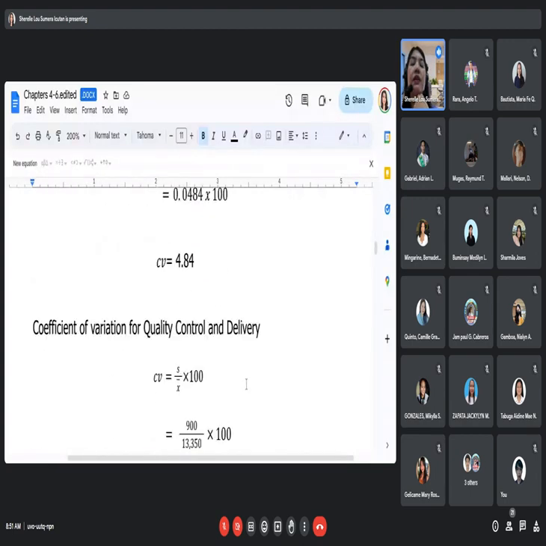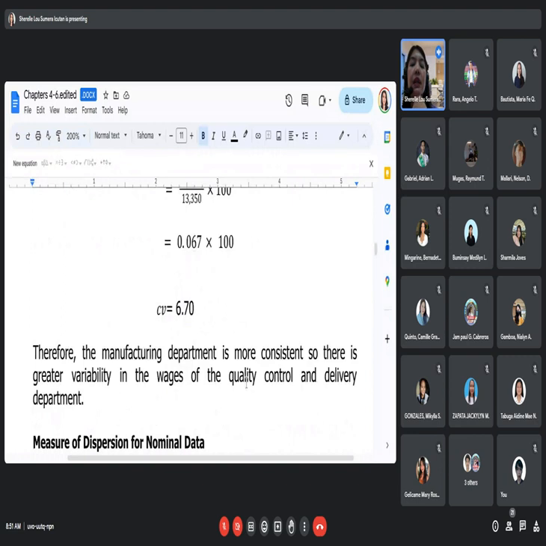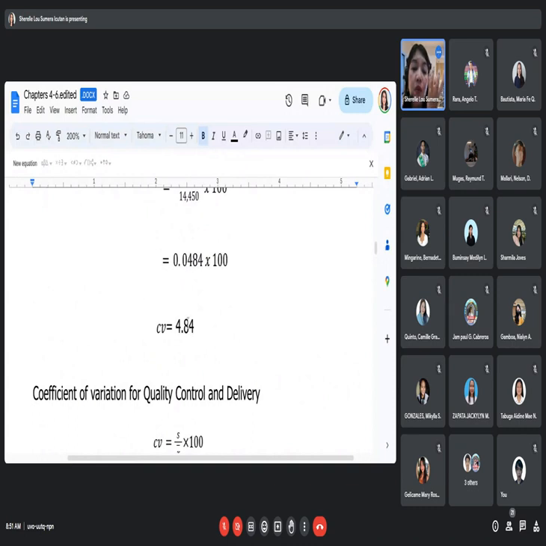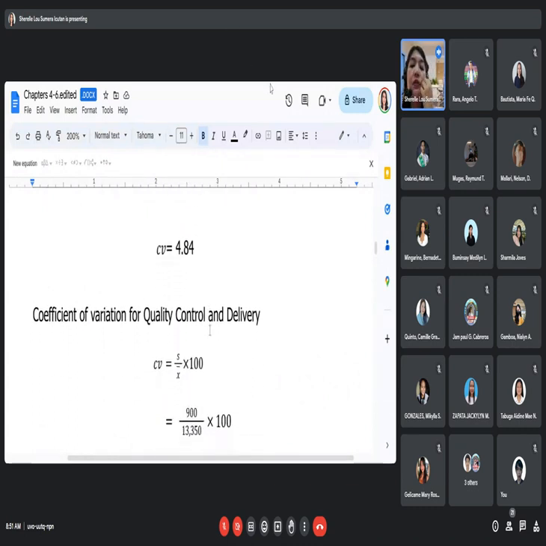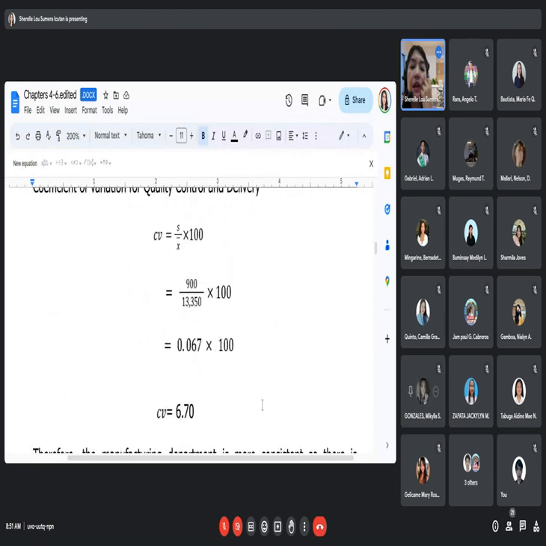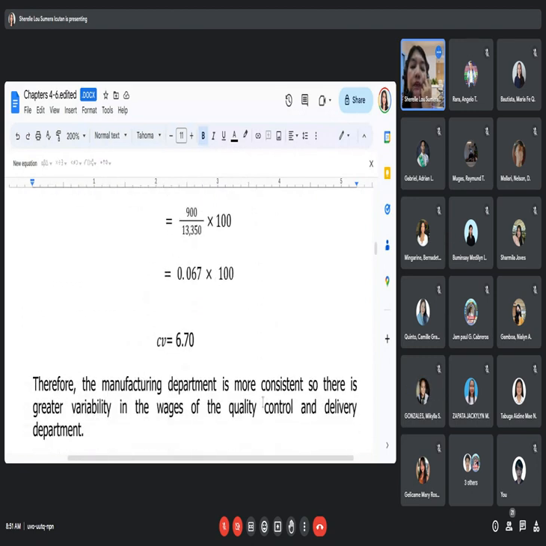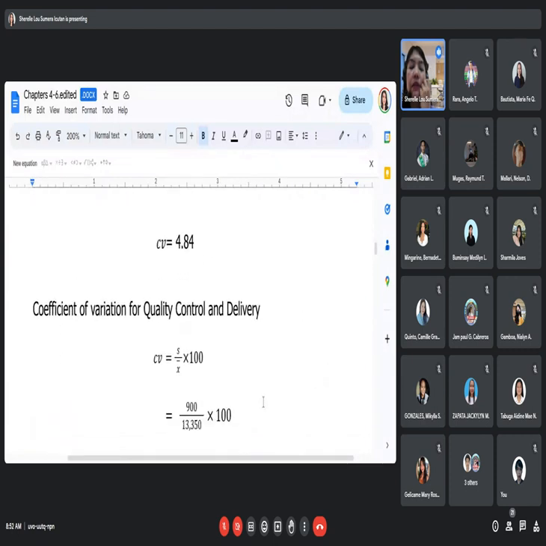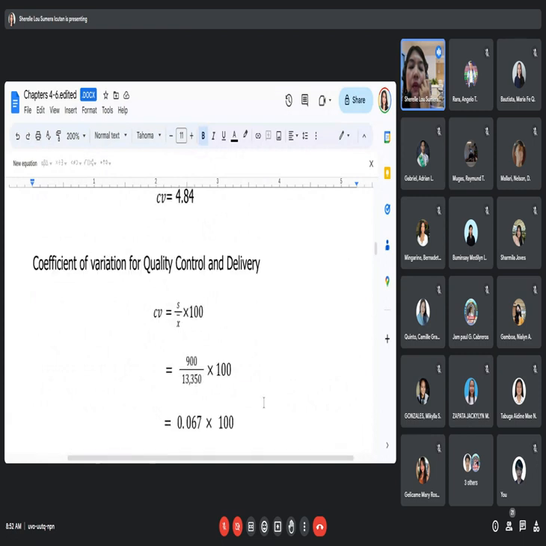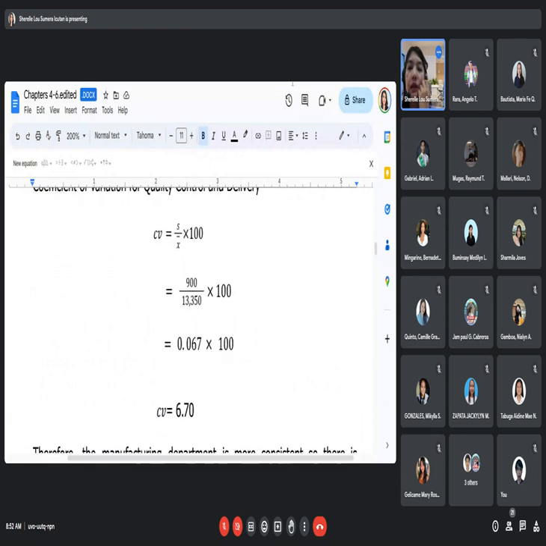Manufacturing department ang mas maliit, is more consistent. Ibig sabihin, mas maliit yung variability niya, so mas consistent siya. So kung mas consistent yung manufacturing, ano naman itong isa? More varied naman yung isa. More consistent yung 4.84 but more varied naman yung quality control and delivery.